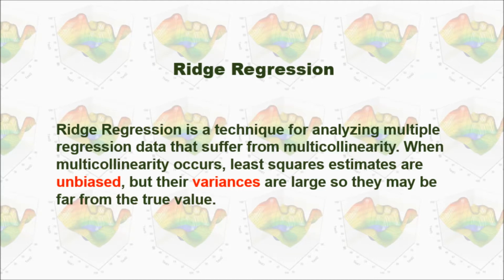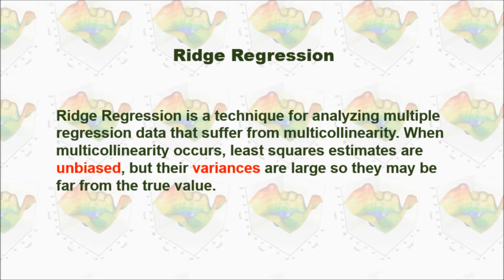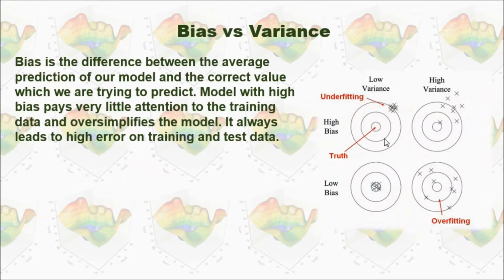When multicollinearity occurs, least squares estimates are unbiased, but their variances are large, so they may be far from the true value. So what is bias? Let's say our true data is in the center of this circle, and all those cross marks are our estimates.